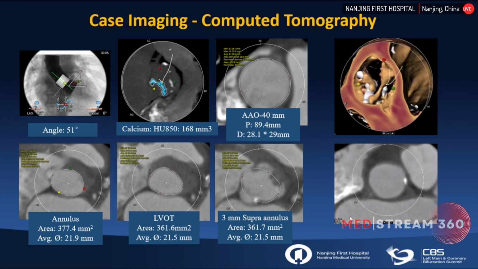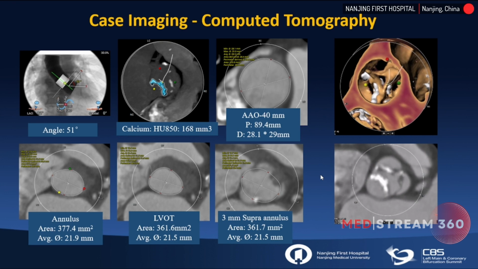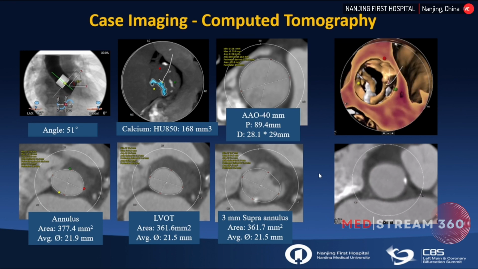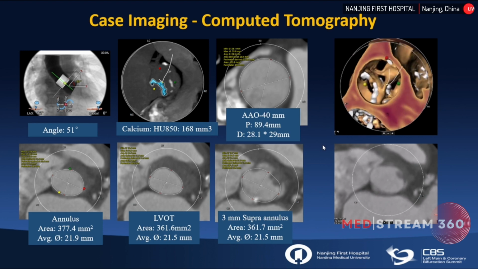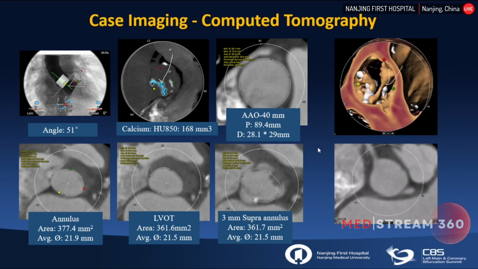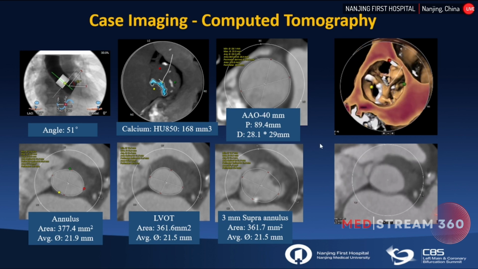There is a calcification, but the volume is only 168, so it's a minor calcification. And the most important parameter of the CT analysis is the annular area, which is 377. So accordingly, I think the decision was made to select the 23 millimeter Sapien 3 valve.